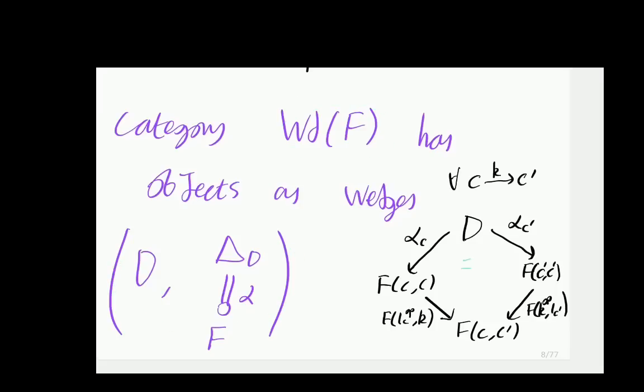What about the arrows? Well, the arrows pretty much look similar to the morphisms we have in the category of cones. Okay, they're just arrows between apexes which commute with these projection maps involved with our wedges.